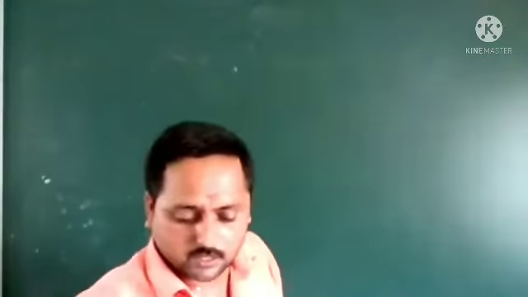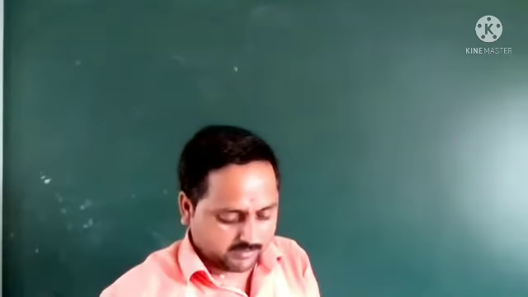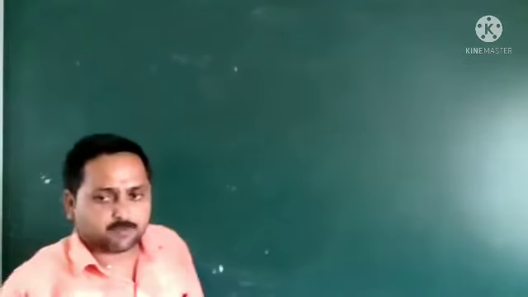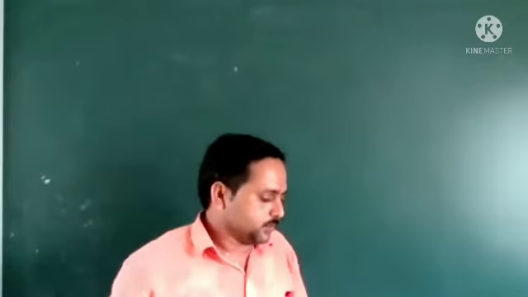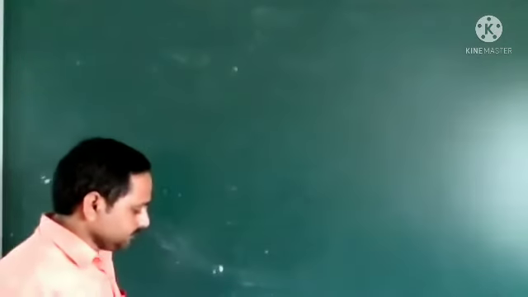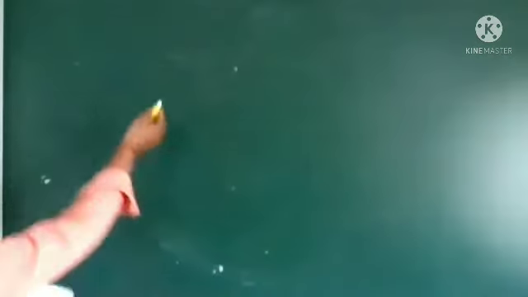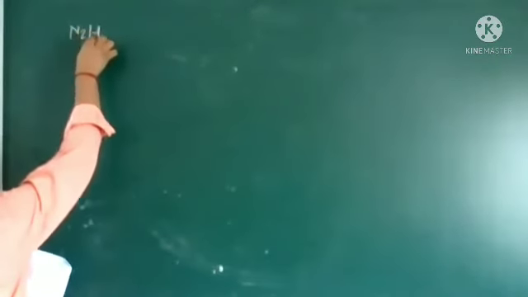Okay. So the next equation I'm going to take is this. I have written it from your book only, and these questions I have taken from your exercise, so it will help you to solve the exercises. So second, I am taking here N2H4.